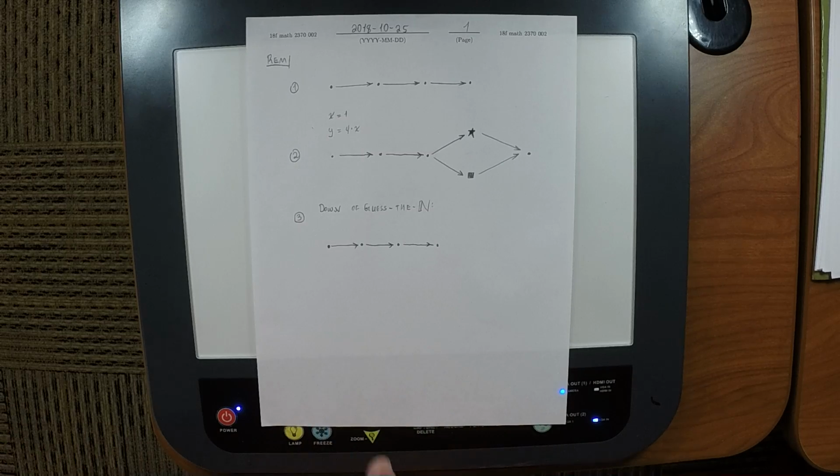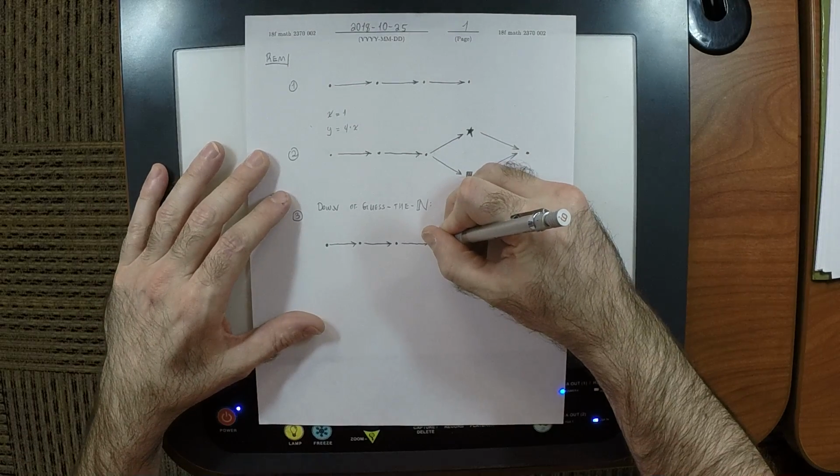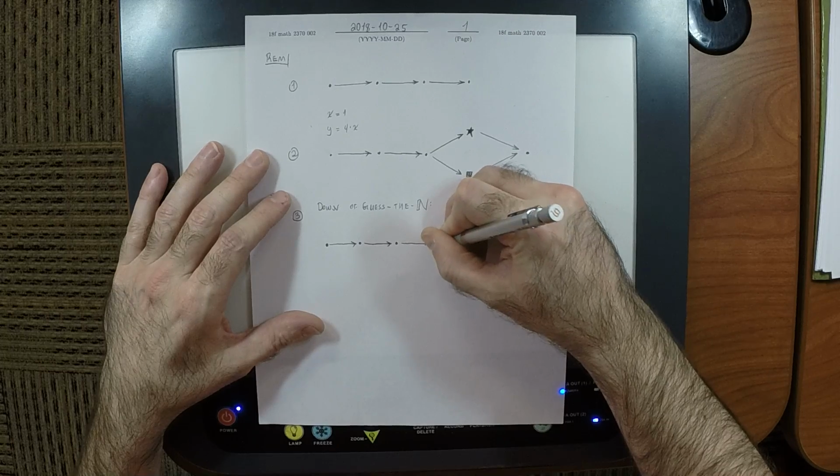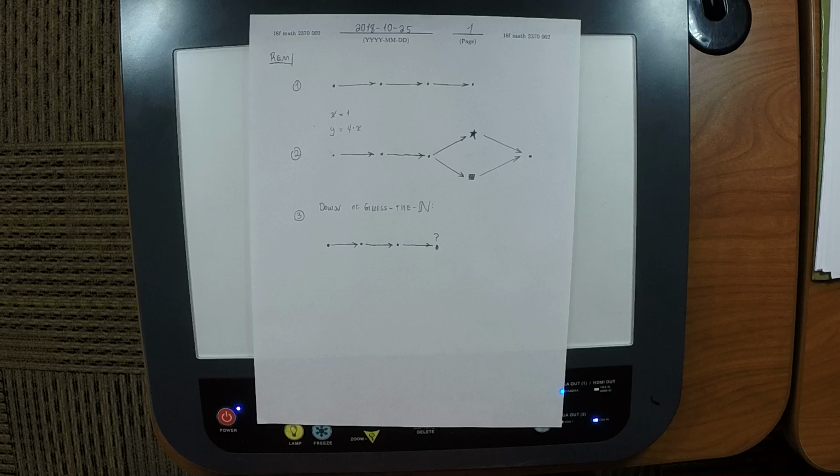But suppose you get past that point. If the oracle can respond in 3 ways, and I name this one question mark, the place where you're asking the oracle a question, then once you get there, you have to branch.